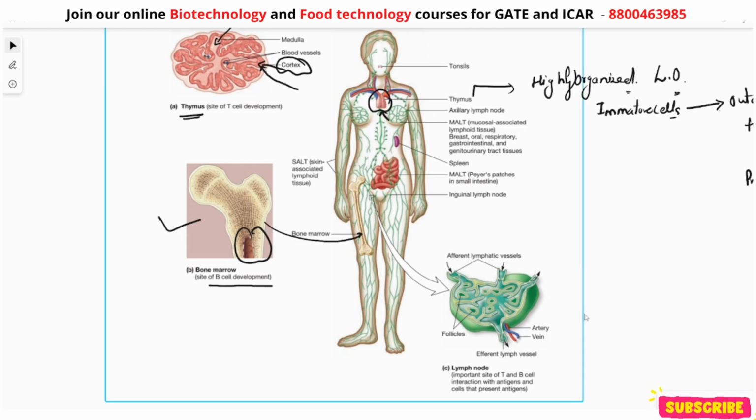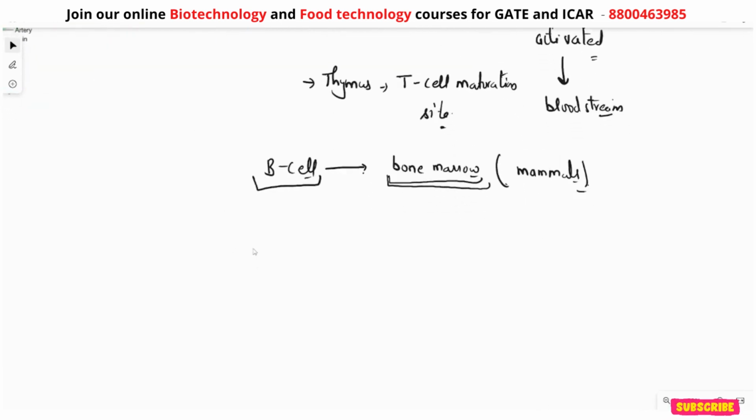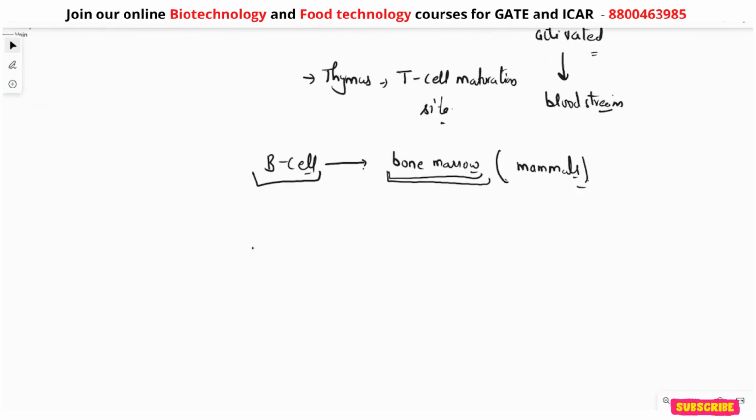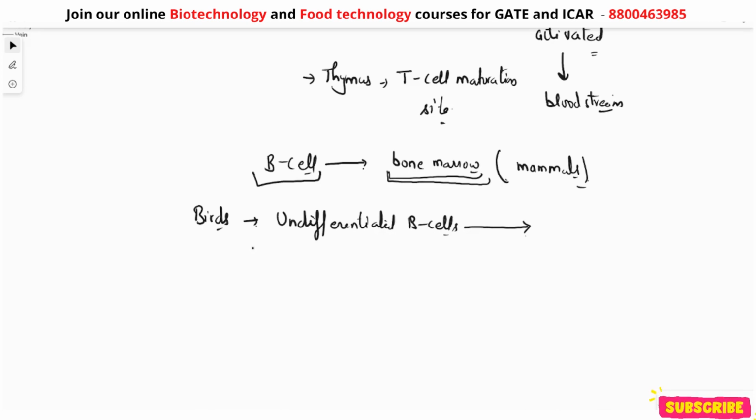But if we talk about birds, in that case the undifferentiated B cells move into the bursa of Fabricius. Right?